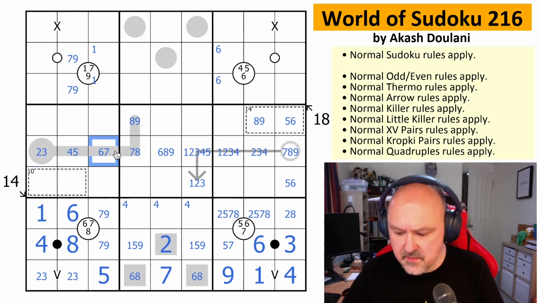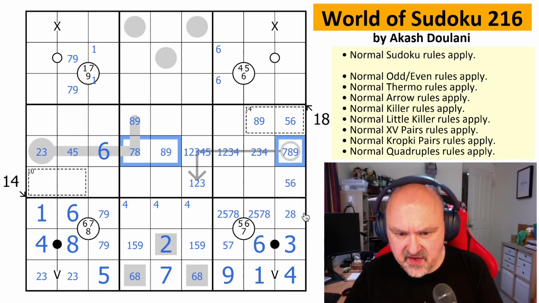This 7, 9 looks like making that the 6. Which means that's not the 6. This is 7, 8, 9, but I don't know the order. 7, 9.